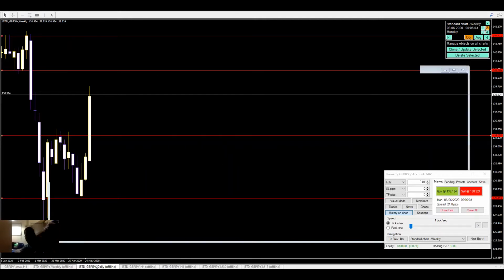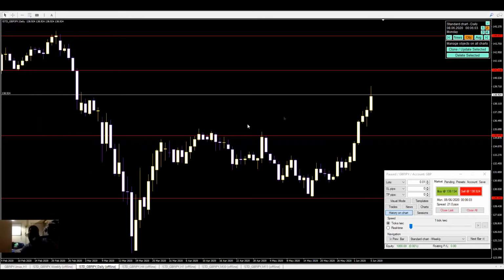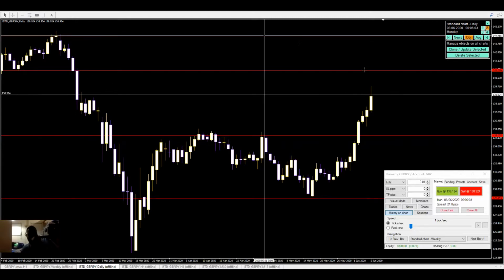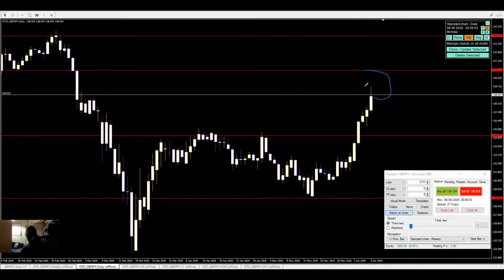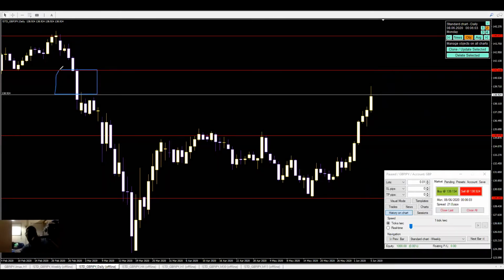We can draw these up and bring them down to the lower time frame. So we're going to go on the daily now, and we see that in a bigger, more clear picture. If you look to the left, remember, price is always looking to the left. So we have a clean range. If price were to move up, we have this clean range because the last time price was in this area, you can see there was a clean candle, right?